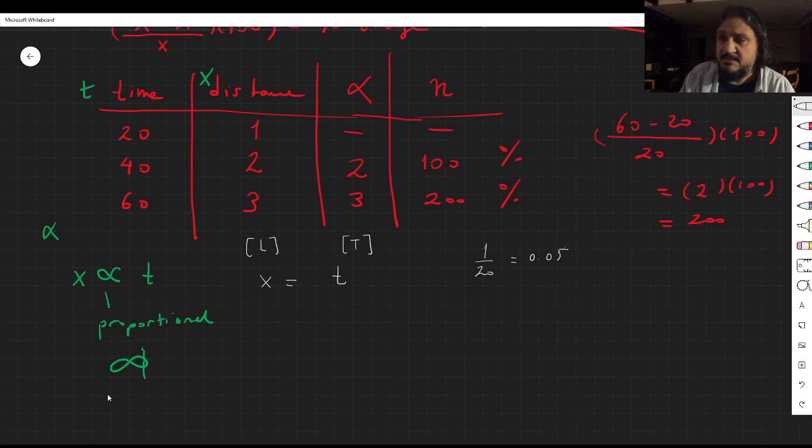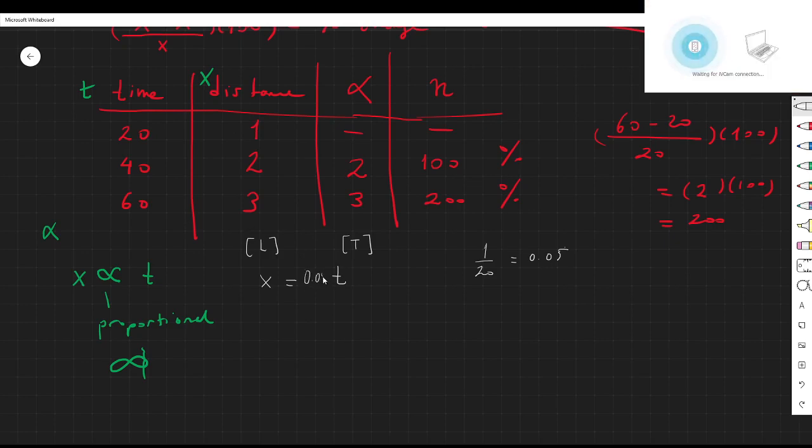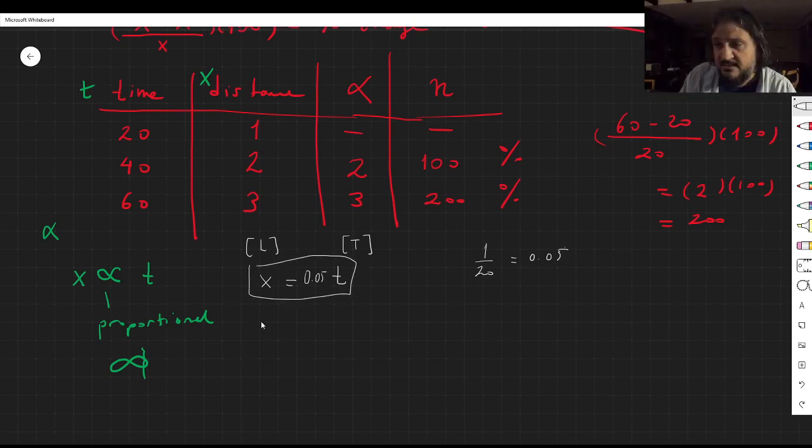So if my x represents any number here, and t represents any number there, then I could just write 0.05 here, and I have a formula. Because I know that if I change my t from 40 to 60, my x will change accordingly.